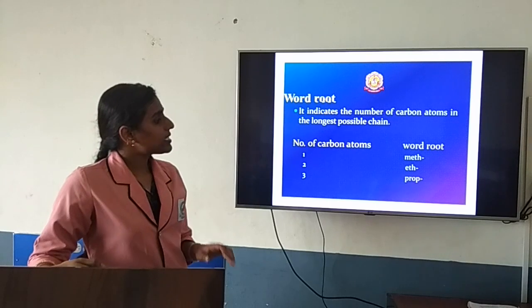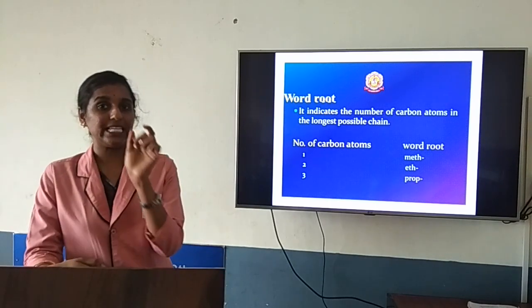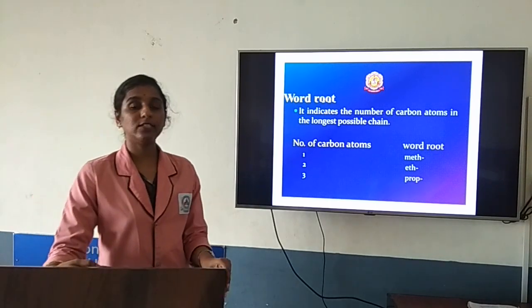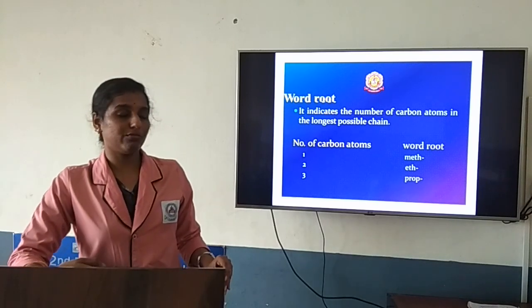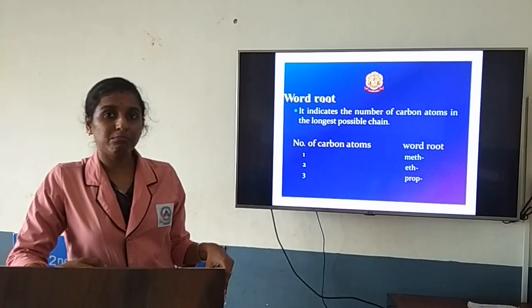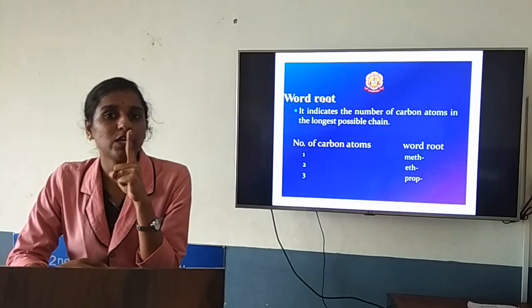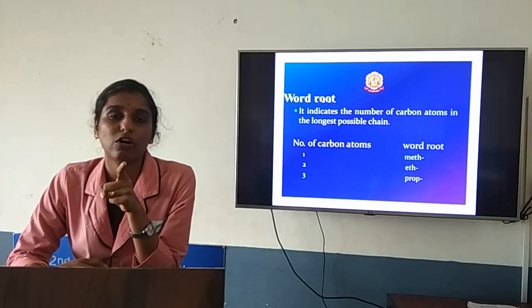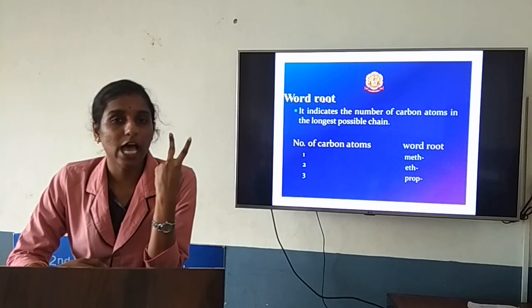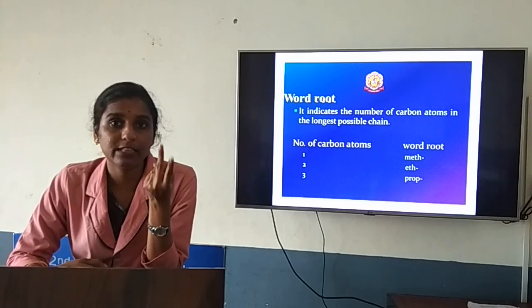Now, what is meant by word root? Word root is a must in all nomenclature. Word root represents the number of carbon atoms. If any structure is having only one carbon, then you are going to call it met. If it is having 2 carbons, it is eth.